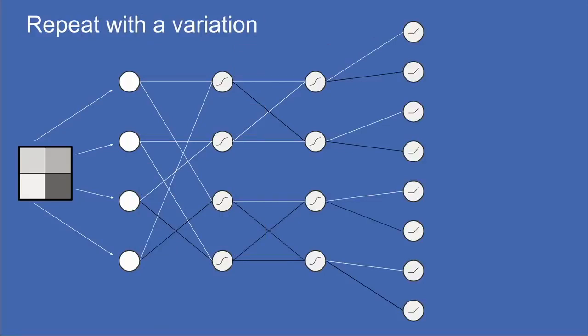Now there's one more thing that we can do. Remember our rectified linear unit. We can have different neurons here. Instead of a weighted sum and squash, we can just have something that takes the input and spits out 0 if it's negative, and the original value if it's positive.